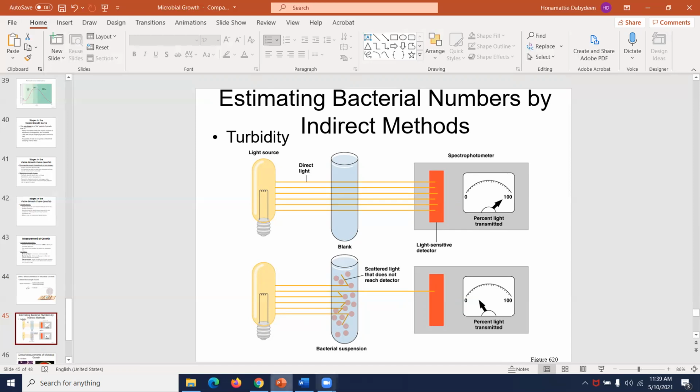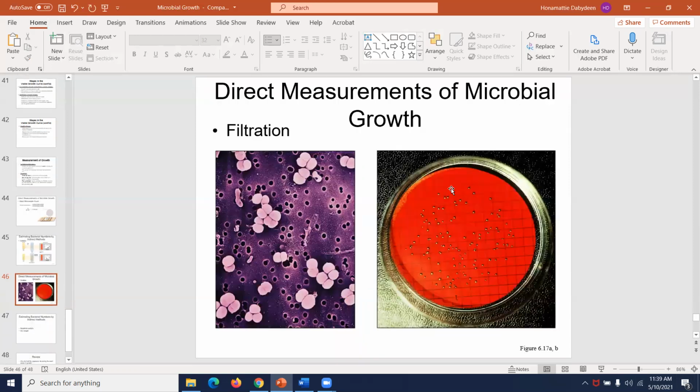I think the last slide tells us a little about the filtration method. Microorganisms are tiny, but we can have filter paper with very, very tiny pores, and microorganisms will not be able to go through. When I say microorganisms, I'm talking about bacteria. We'll learn later that viruses can go through because they're really very small.